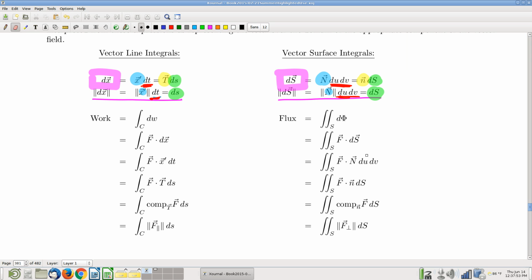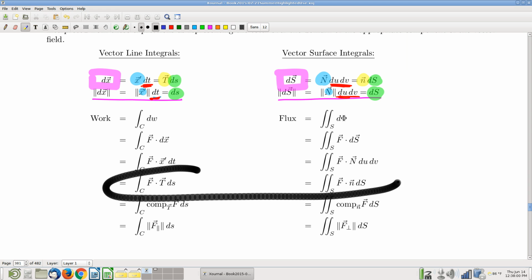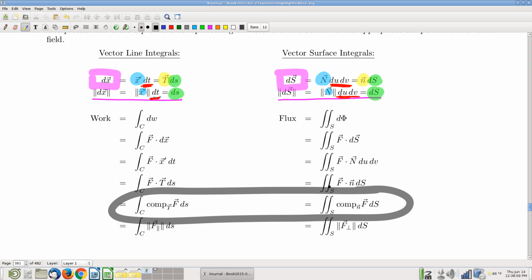In both cases, we can rewrite in terms of a parameterization. In both cases, you can rewrite in terms of dot products with unit vectors. These are the orientation unit vectors. In both cases, you can think of this as computing what looks like a scalar integral. This looks like a scalar line integral. This looks like a scalar surface integral.